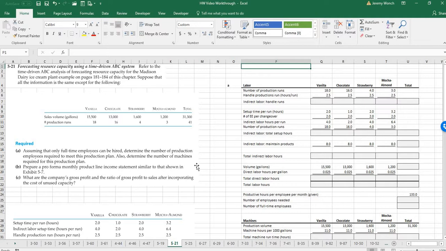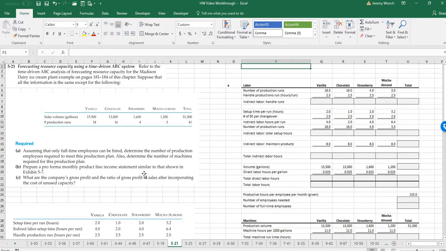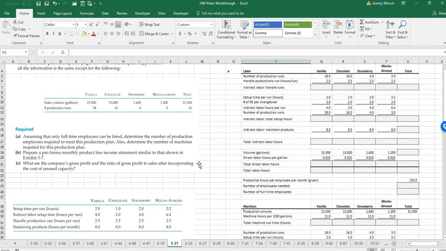Essentially, based on what their plan is, we're going to look at what the ideal cost would be, and then we're going to look at what the actual cost could be. Those are going to be different because we're going to hire so many employees and have so many machines, and we're going to have those employees and machines in place when we start.